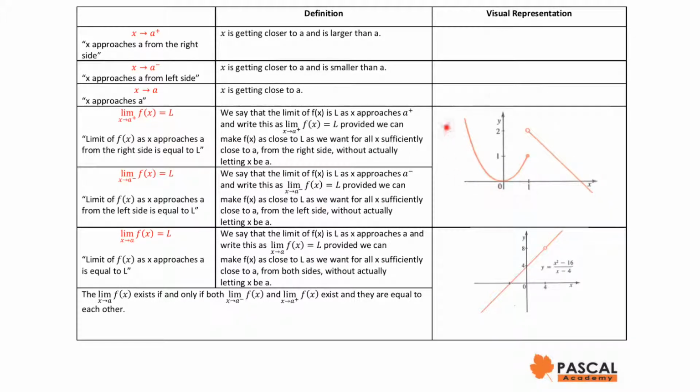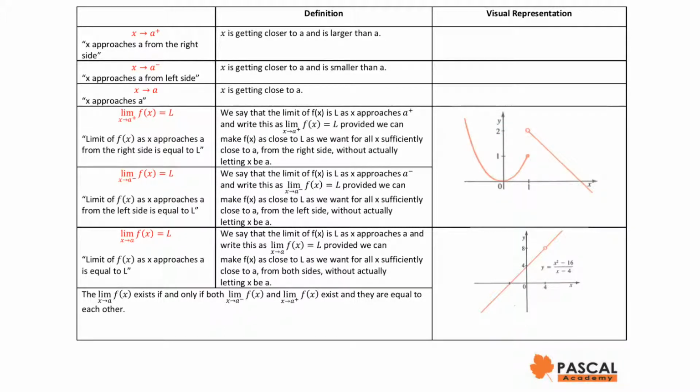Let's take a look at this example. Graph of a function is given. We want to discuss the limit of the function at x equals 1. When x approaches 1 from right side, f of x is getting close to 2.